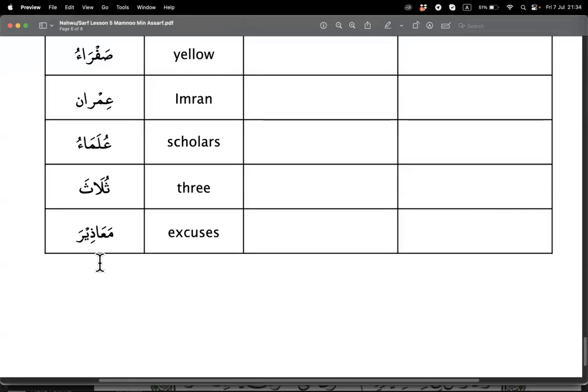Last one, ma'adhiro. Does it fit masajidu?